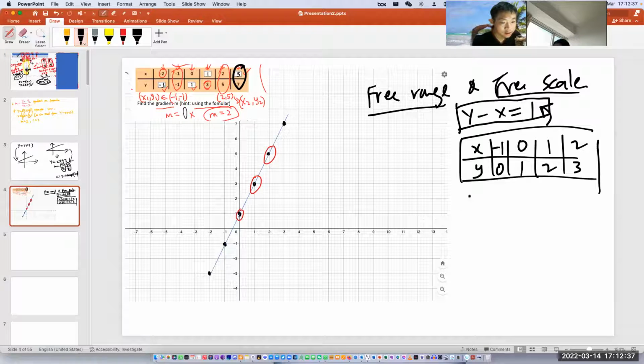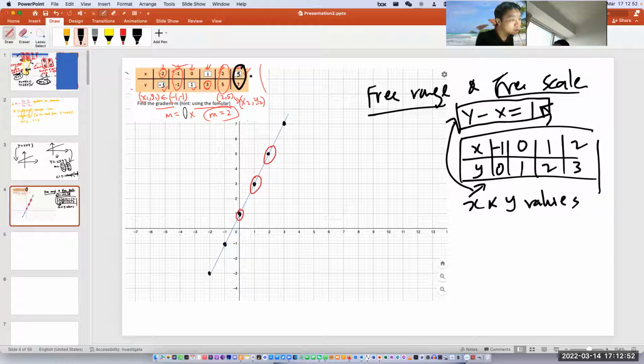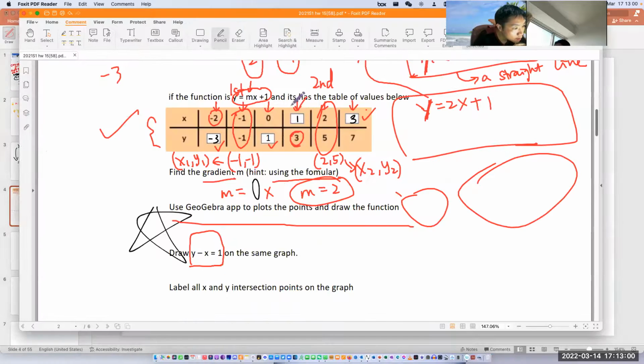Okay, this one is called the x and y value table. This table is based on y equals to 2x plus 1, if I remember correctly. Yes, yes. So y equals to 2x plus 1 for this table.